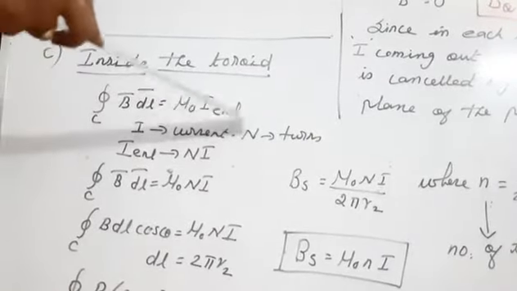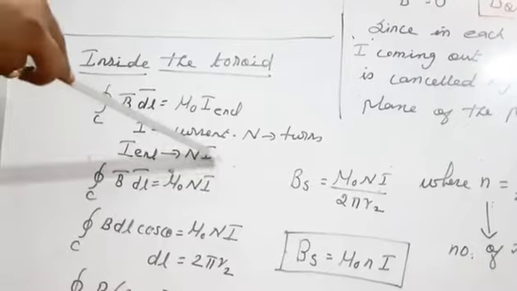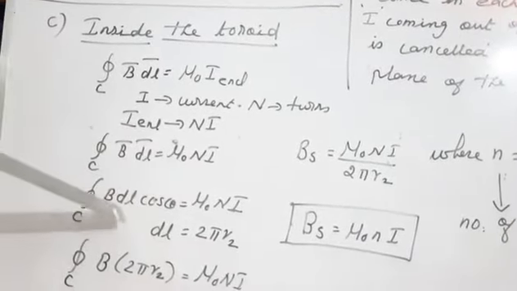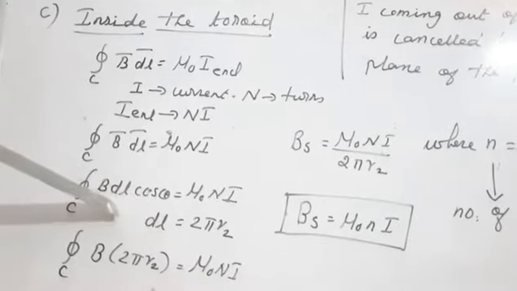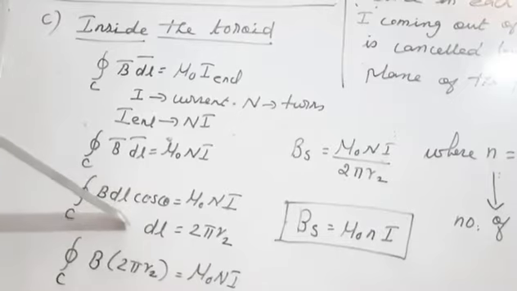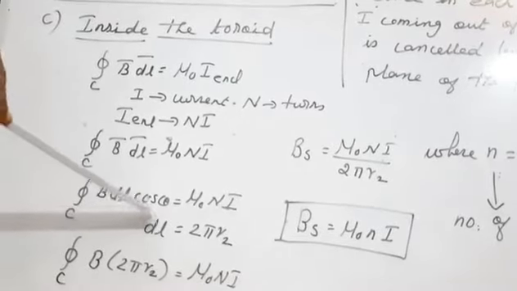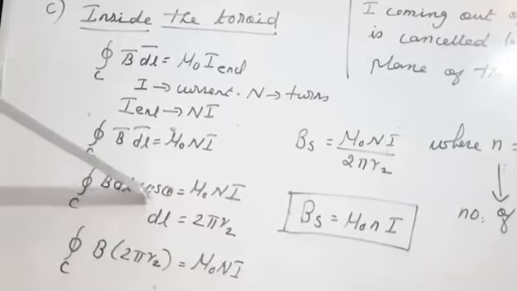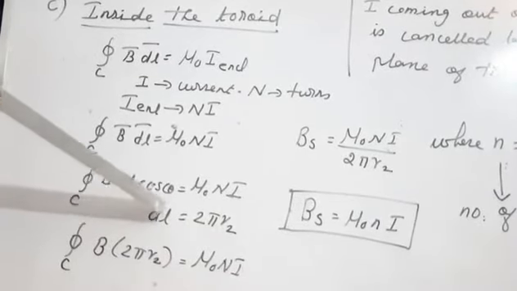Here I enclosed equals N into I. Therefore, substituting, we get mu naught N I. Then taking the element dl, B dl cos theta, where theta is 0, so B dl equals mu naught N I.